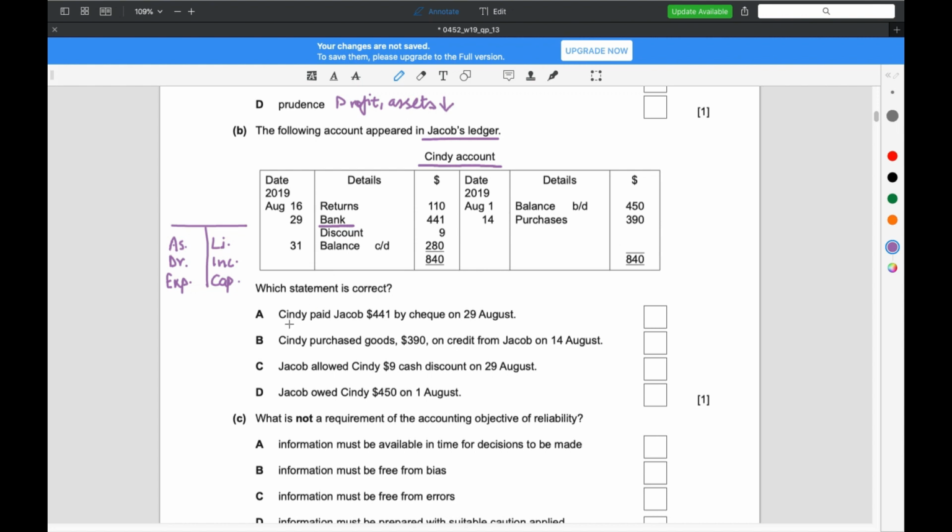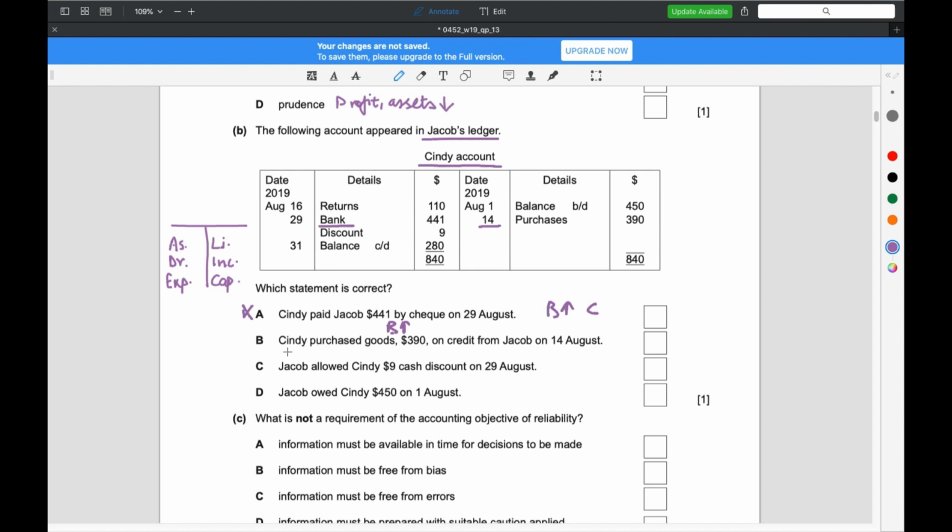Cindy paid Jacob, so if Cindy paid Jacob, it means that Jacob's bank should be going up. Bank is an asset, and assets are debit, so it should have been debited if Jacob's bank was increasing. The double entry would be debit bank and credit Cindy's account. So the bank should have been over on the credit side, but it's not. So this means that actually Jacob paid Cindy, right? So option A is going to be wrong.